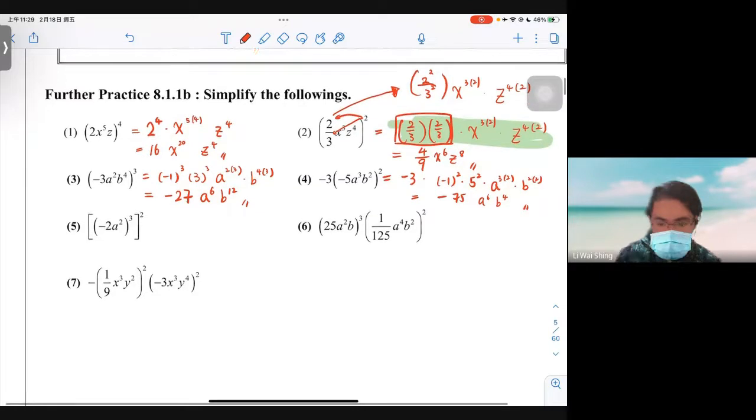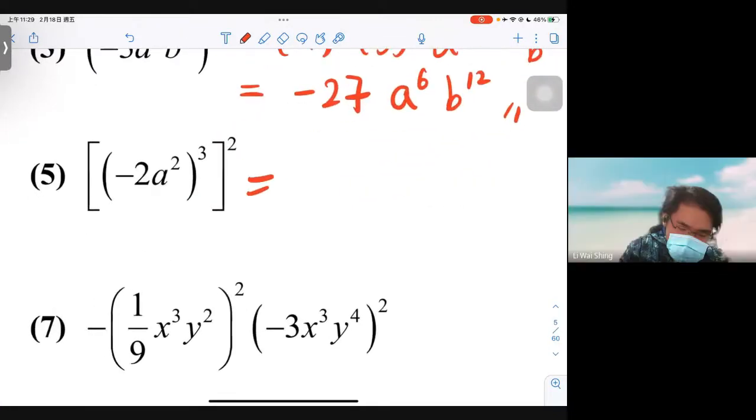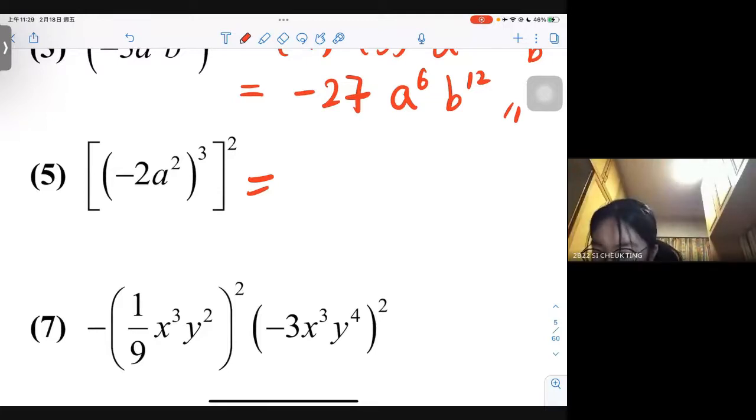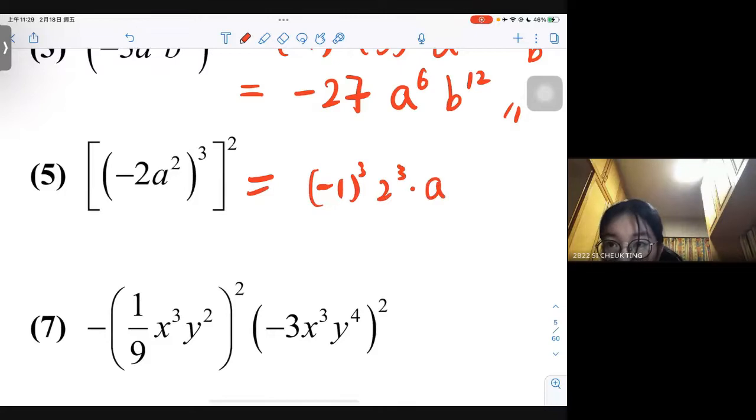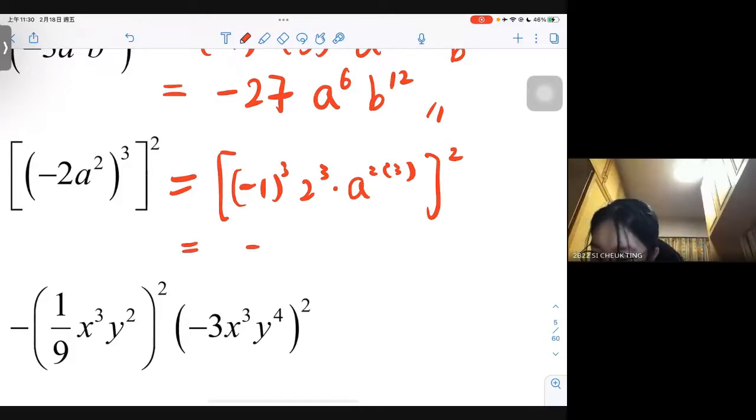Now comes the real deal. Okay, Chuck, take your time. Break it down. Minus 1 cube times 2 cube times a square cube bracket, bracket square, then equal to minus 1 times 8 a to the power of 6 bracket square.